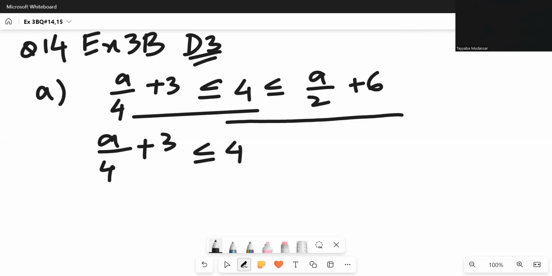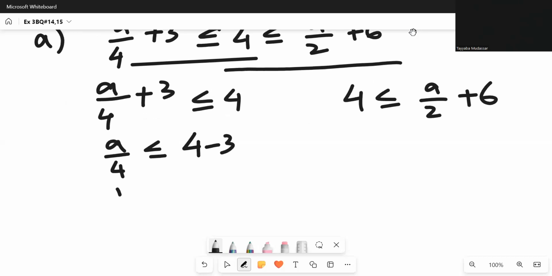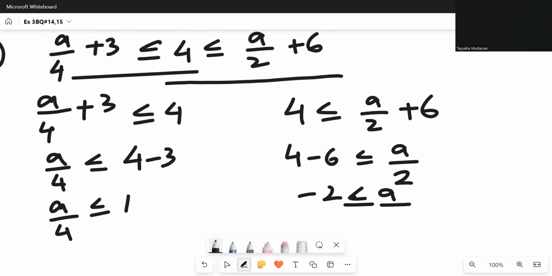So now here, 4 lesser than or equal to A over 2 plus 6. Now we can shift this 3 to the right side, and here it will be A over 4 lesser than or equal to 1. And here we can shift this 6 to the left side. So it is A over 2 minus 2 lesser than or equal to A over 2.